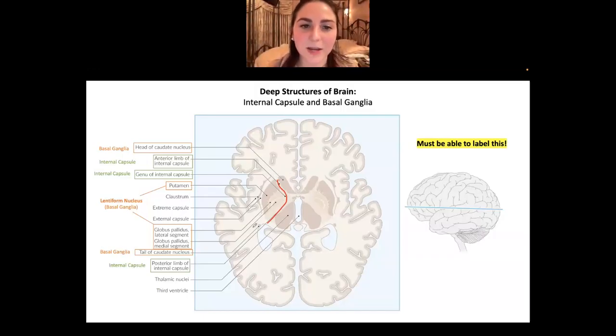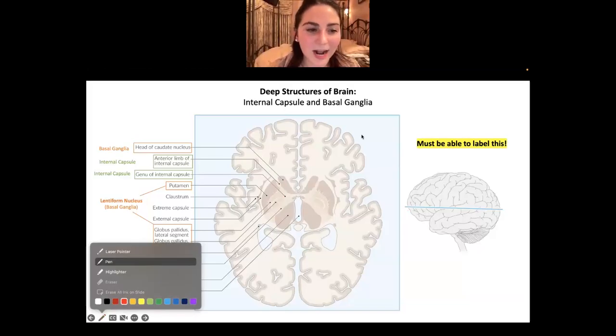Here's the frontal lobe up here, and then over here is the parietal and temporal lobe. So it does allow for communication. It's just a tract, like I said, it's not really a structure. But there are different aspects. Again, if you were to damage the anterior part of the internal capsule versus the posterior part, it's going to present a little bit differently. Okay. But I do have over here, must be able to identify this.